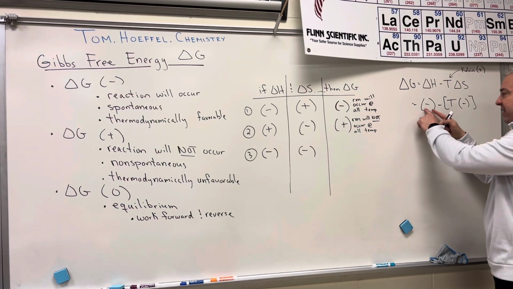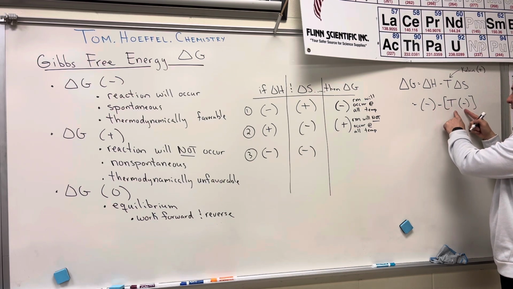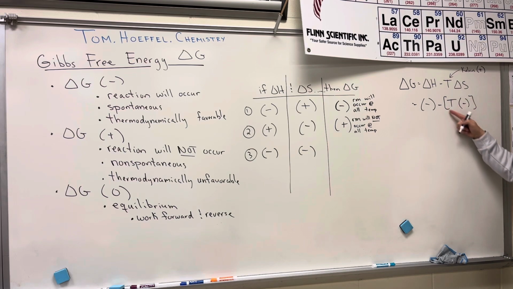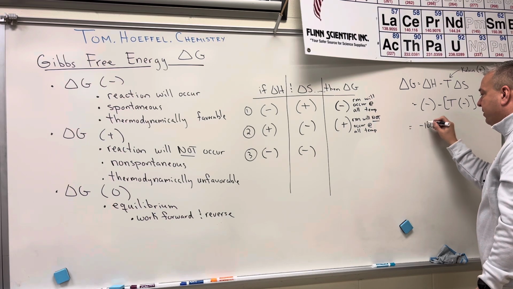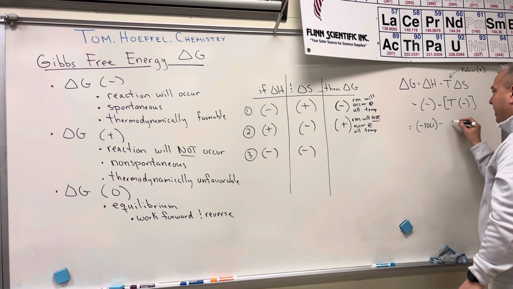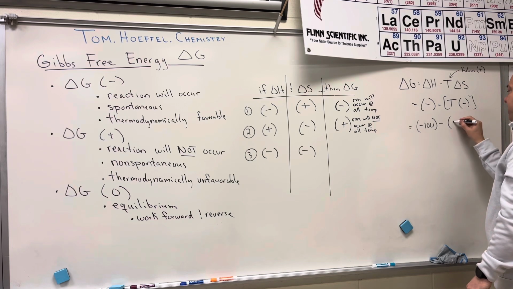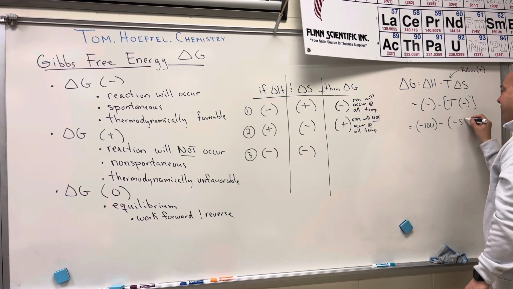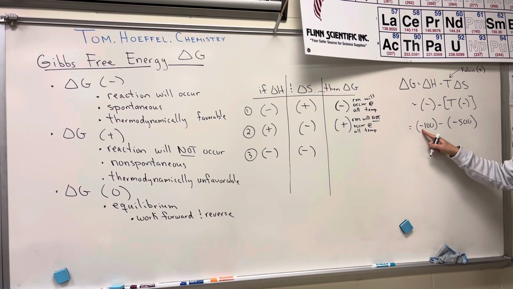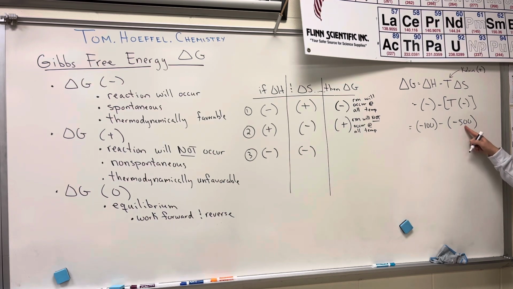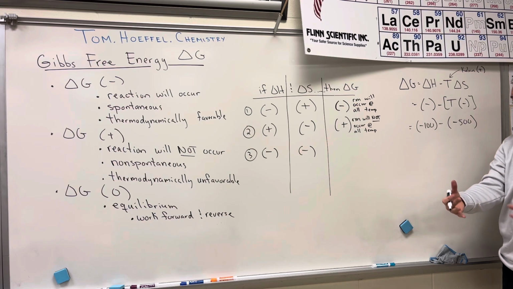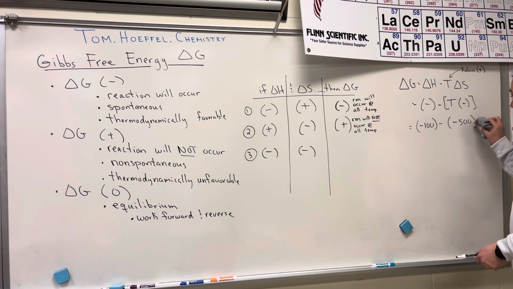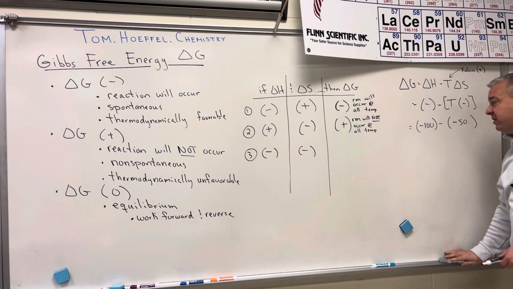Well, if we have a negative minus a negative, it depends on the value of all of this. For example, if we had negative 100 right here, but we minused a negative 500 here, well, negative 100 minus negative 500 would give me a positive number. Well, what happens if it wasn't 500? What happens if it was just 50?